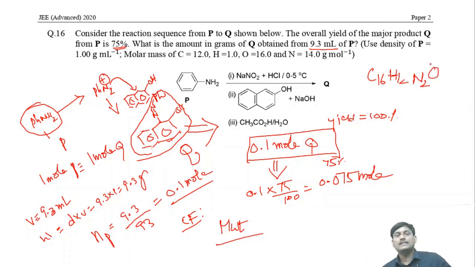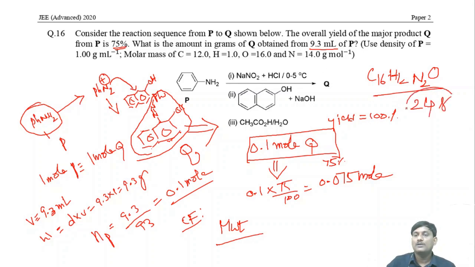If you calculate the molecular weight of this molecule, C16H12N2O, you will get 248 grams. What is the molecular weight? 248 grams.